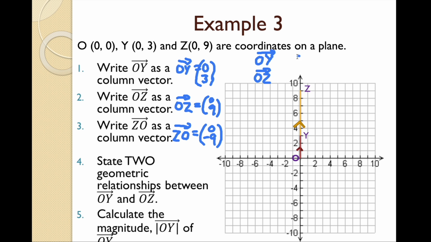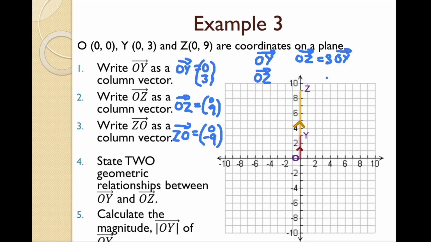So therefore, I could say OZ is essentially 3 times the size of OY. Okay? And also, when I compare them, they are scalar multiples of each other. So O to Z, 0, 9, O to Y, 0, 3.